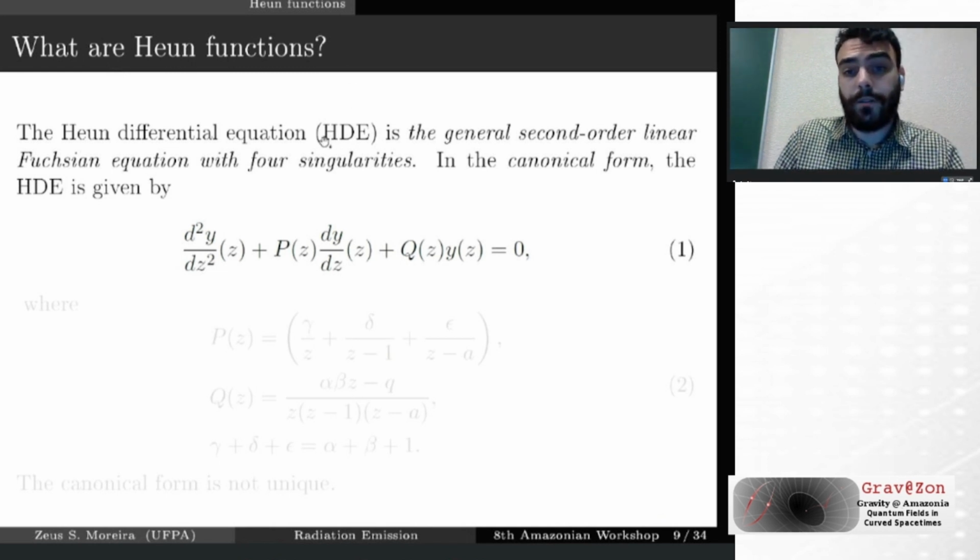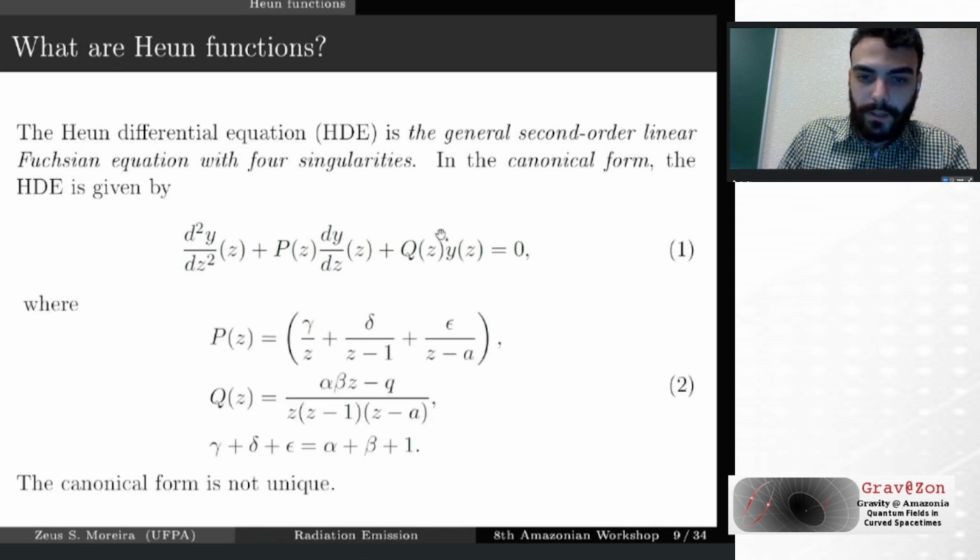So the Heun differential equation is a differential equation with four regular singularities. And normally we display the Heun differential equation in its canonical form. And it's given here in equation 1, where these functions P and Q are the functions given here in equation 2.